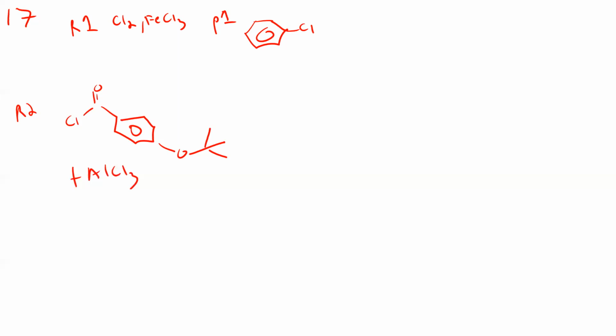So we got that done. So we formed a ketone group. So we're going to be able to form a ketone group with this. And that's it. So that will get us to where we want, because this is our Friedel-Crafts acylation.